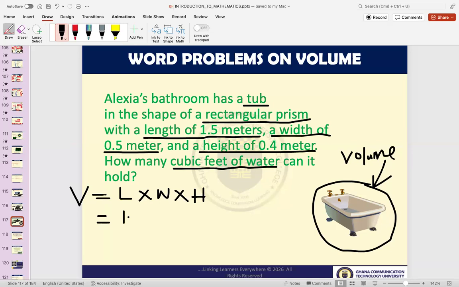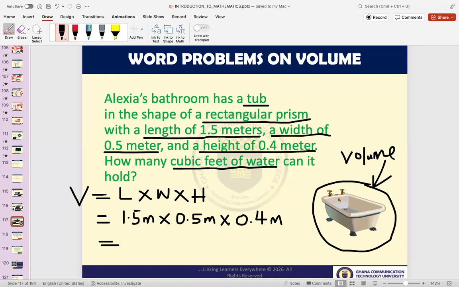So we have 1.5 meters multiplied by 0.5 meters multiplied by 0.4 meters. Now put them together for me. 1.5 multiplied by 0.5 multiplied by 0.4.